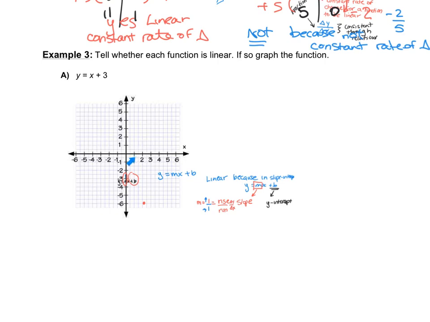Up 1 goes up to 4. To the right 1 is right here. So 1 comma 4 is the next point. And really, that's all I needed. Now I just extend the line, and that is the function y equals x plus 3 graphed.